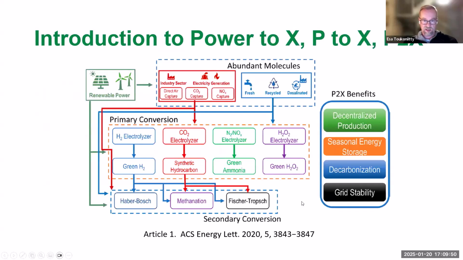This you have seen already, and personally I like this graph because it condenses the idea of power to X processes and many things within. So your first assignment that I gave last week was based on this article that I took this picture from.